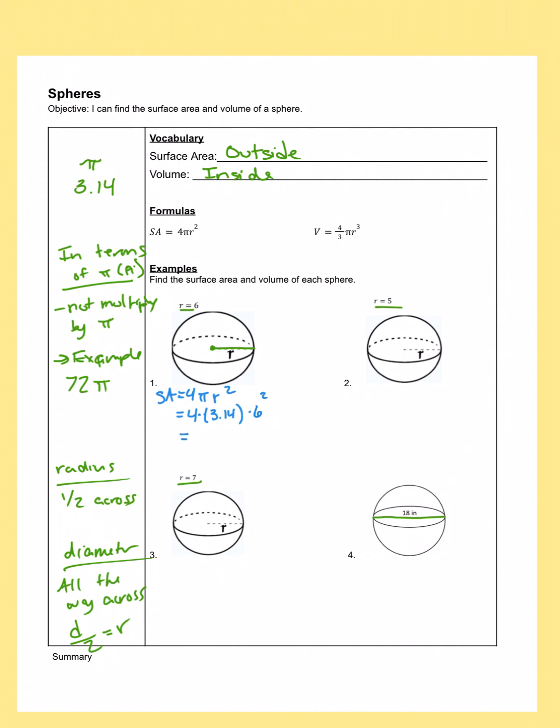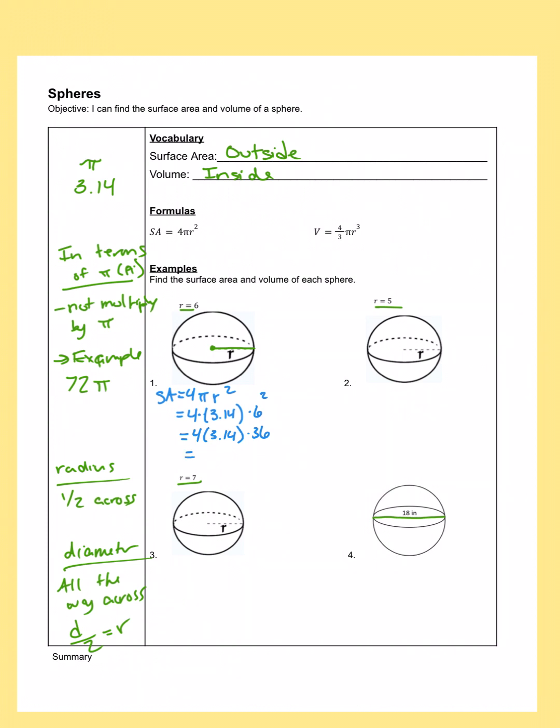And you can do this a couple different ways. You can put this in your calculator one piece at a time, or you can put it in the calculator all at once. If you're using the Desmos calculator, it's really easy to do it all at once. If you're using just a regular calculator, I would do the squared first. So 6 squared is 36.